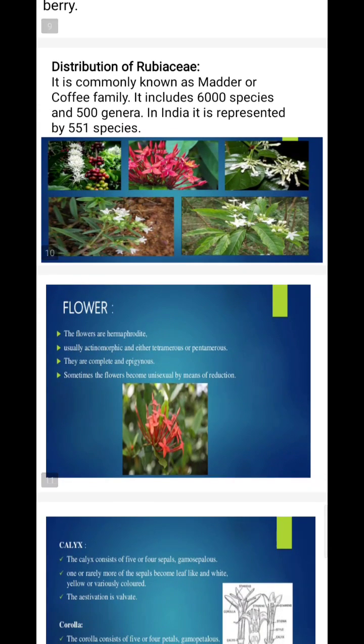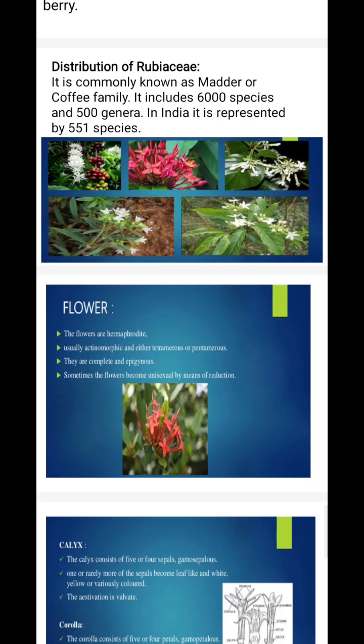So the flowers of Rubiaceae are hermaphrodite, that means male and female sex organs are present in the flowers. Then usually actinomorphic and either tetramerous or pentamerous. You have to see in the picture, there are 4 petals that you see. If there are 4 petals, it is tetramerous, and if having 5 petals then it is pentamerous.